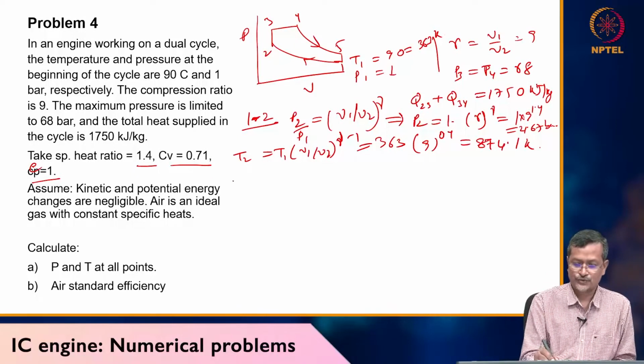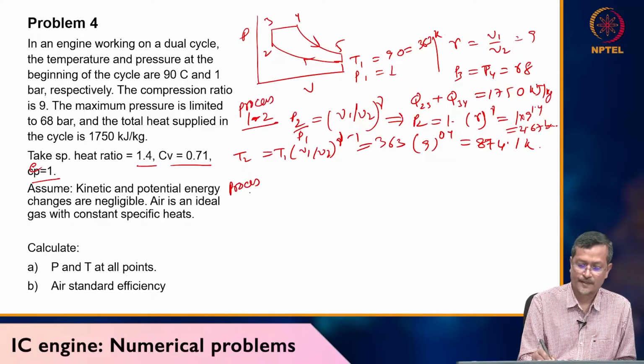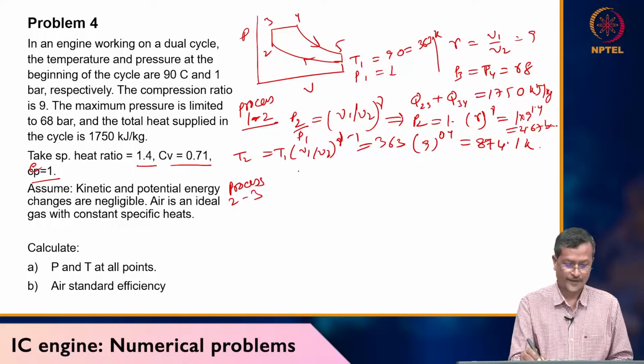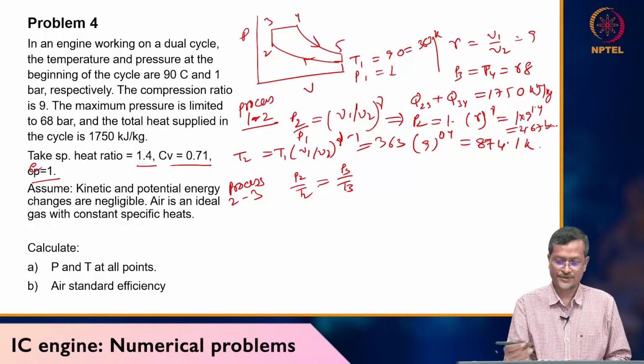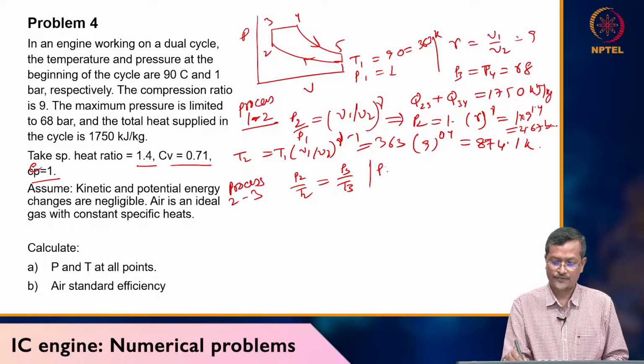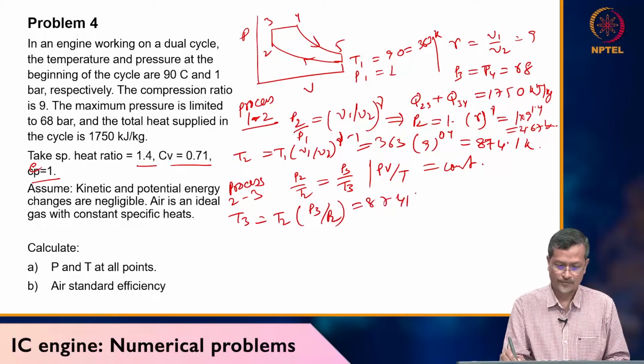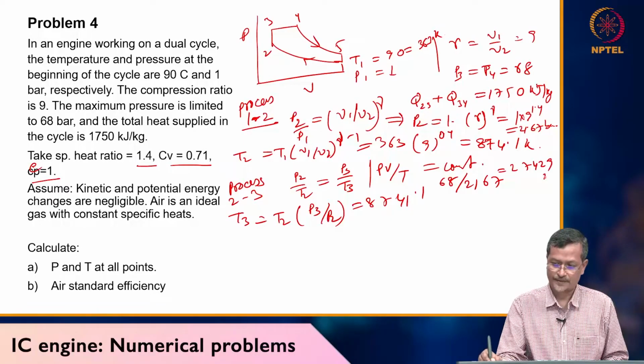Now process 2 to 3: P2 by T2 equals P3 by T3. V is constant, so V is cancelled out. PV by T equals constant. So T3 equals T2 into P3 by P2, equals 874 into 68 divided by 21.67, equals 2742.9 K.